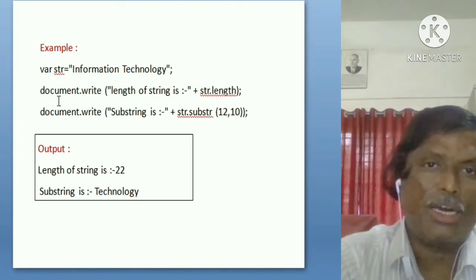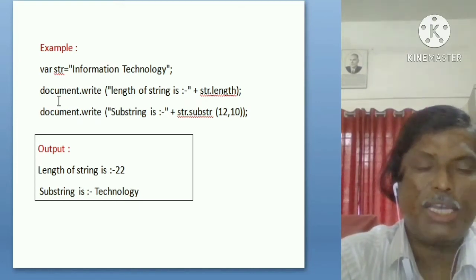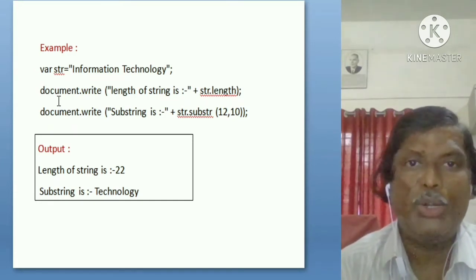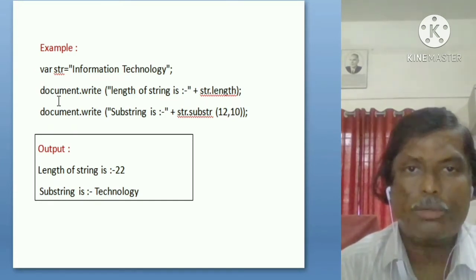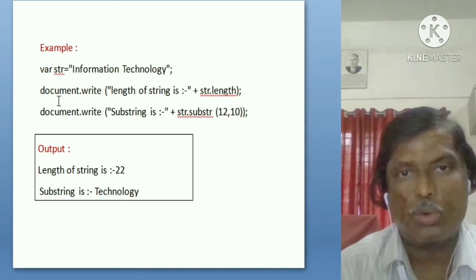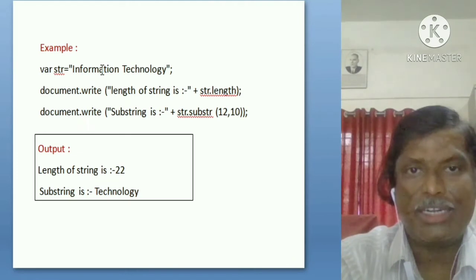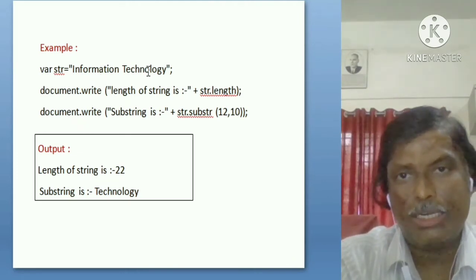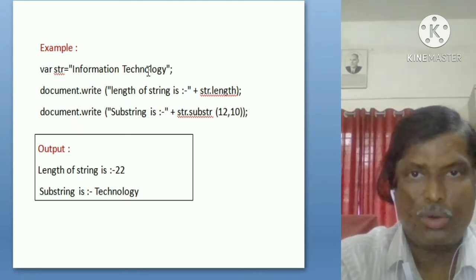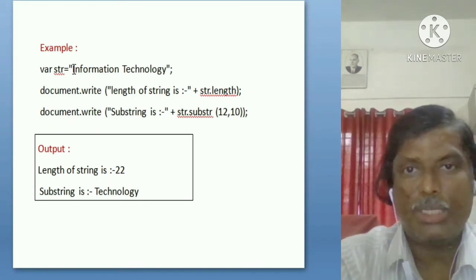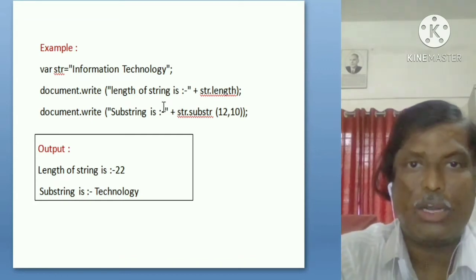As I told you earlier, when we are using a string, it will be initialized in single quotes or double quotes. See here, the variable str is denoted in double quotes, which contains the text information technology. Now see how many characters are there in information technology.